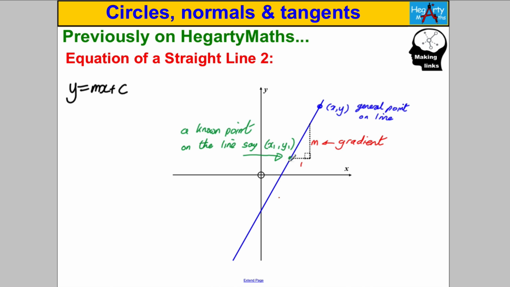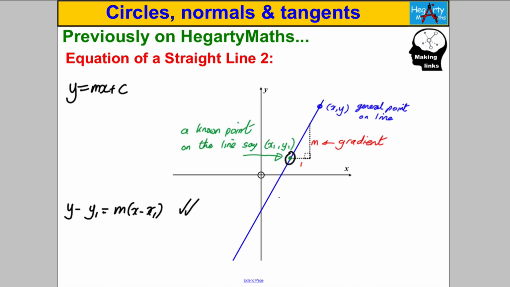If someone told you a point on the line and the gradient, can you remember the alternative form for the equation of a straight line? Well, for general points x and y, it is y subtract y1 is equal to m x subtract x1, where x1, y1 is a particular point known to you on the line and m is the gradient. This formula or equation here will always give you the equation of a straight line.